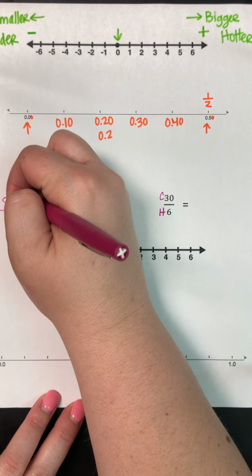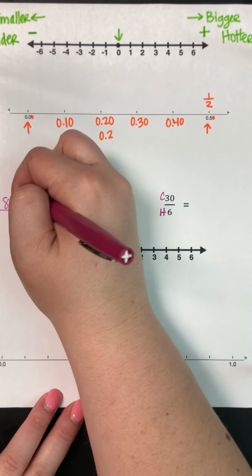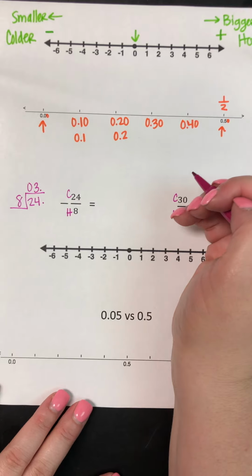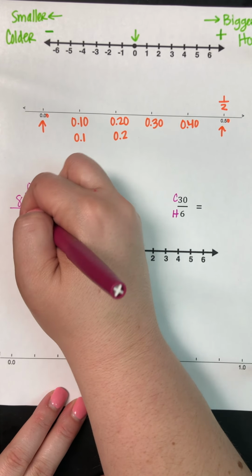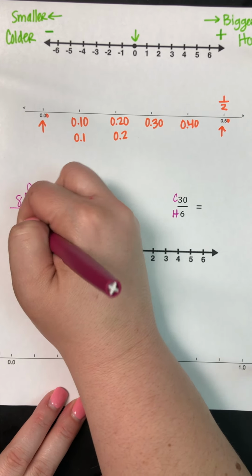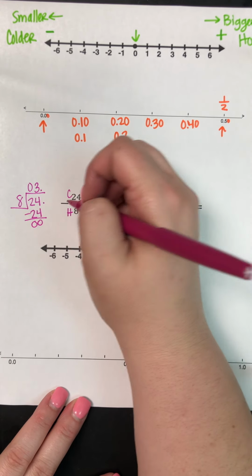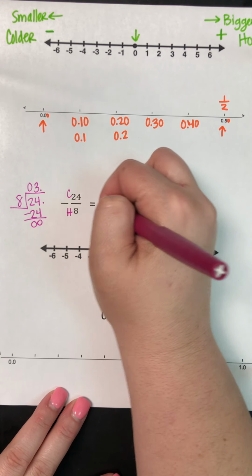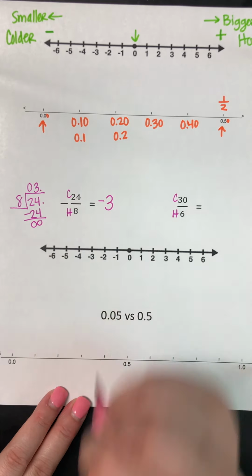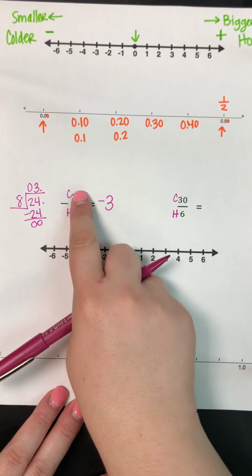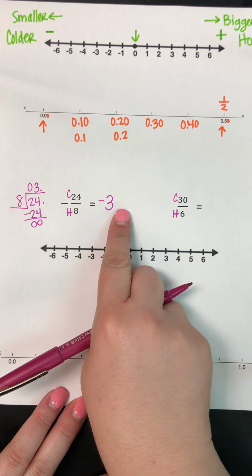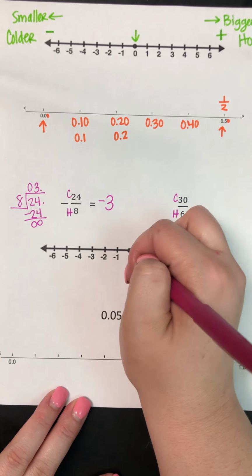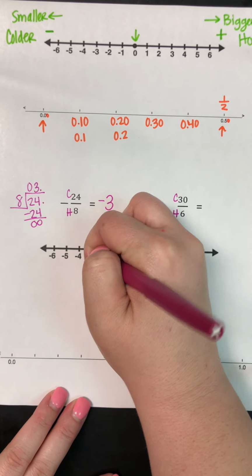So 8 does not go into 2, but it goes into 24 3 times. Okay, so 8 times 3 is 24. I zero out, and I have reached my decimal. This fraction is negative, so it's going to stay negative. So instead of this messy improper fraction, it is much easier to find -3 on my number line.